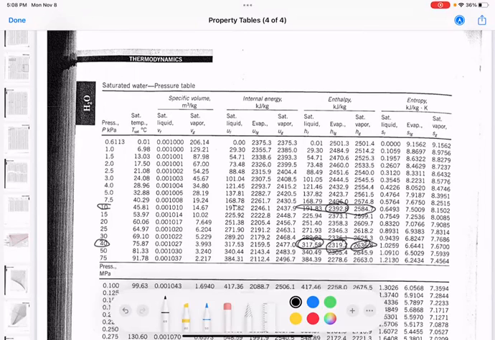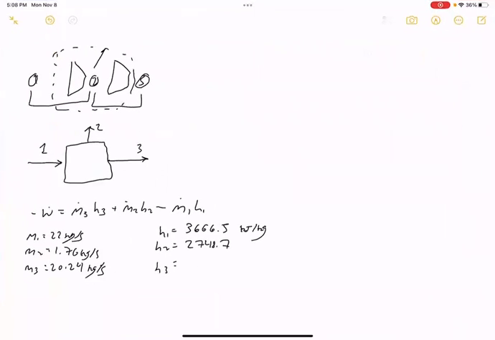I'm getting 2297.49, so 2297.5, and these are all kilojoules per kilogram.